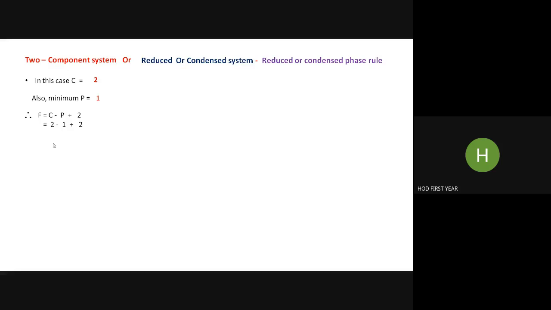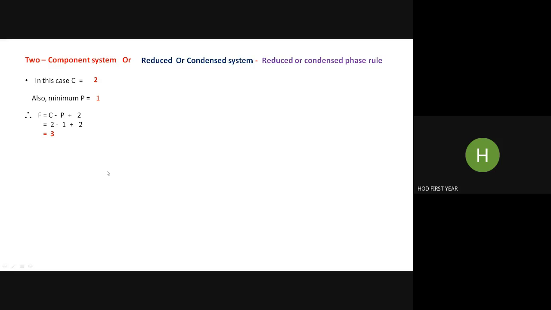So F becomes 3. What does it mean? In case of one component system, F was 2, so we selected pressure and temperature. But now F is becoming 3. Degrees of freedom 3. It means we need to specify all three parameters: temperature, pressure, and composition.